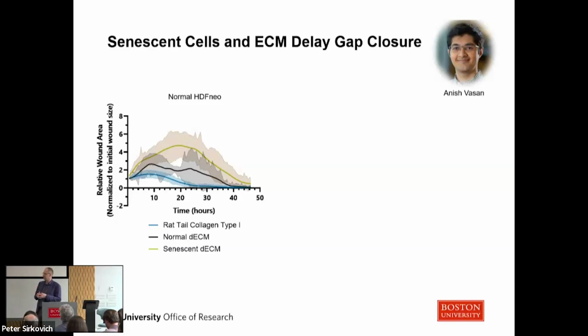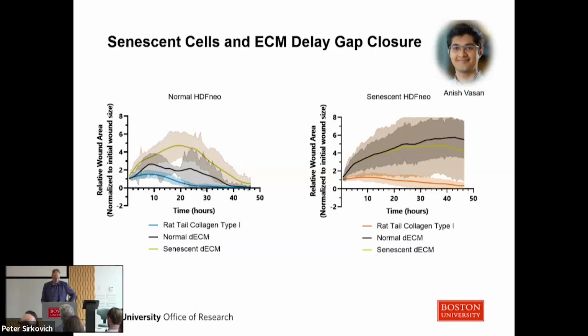Or when we have senescent fibroblasts producing their matrix and we mix it in the model system, we actually see a larger opening and delayed wound healing. So the senescent ECM clearly affects wound healing in this case, and here is the same experiment we've done with senescent fibroblasts. So the moment you have that senescent matrix in there, you actually don't get any closure at all.